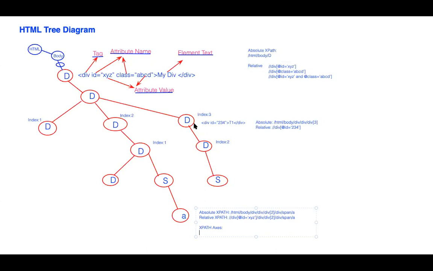So for example, in this case, I am dead sure that I am able to find this particular element, div ID 234. So how about I locate its sibling based on this ID? I know this ID, I know index 3 div ID 234, but I want to locate an element which is a sibling, right?